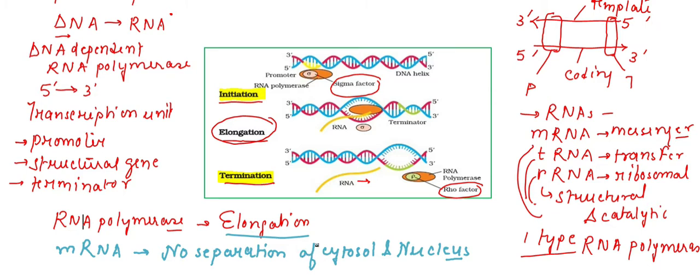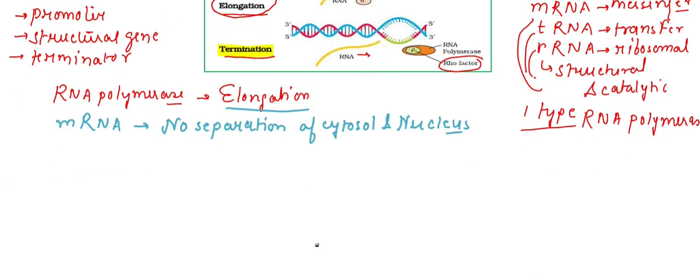So this is all about transcription in prokaryotes, and let us come to transcription in eukaryotes. In the eukaryotes, as we know, the split gene arrangement is present. The split gene arrangement is that the expressing sequences, which are called exons, are interrupted by the non-expressing sequences, which are called introns.